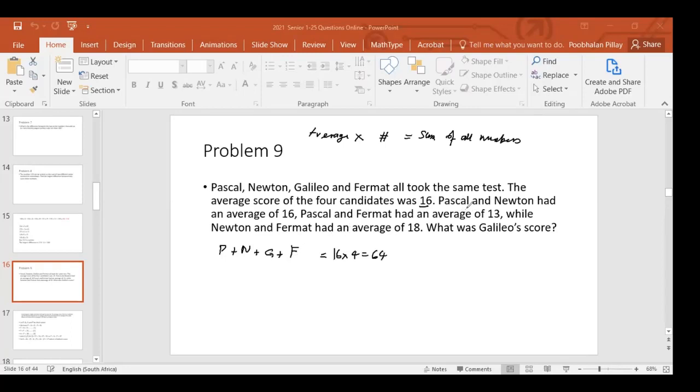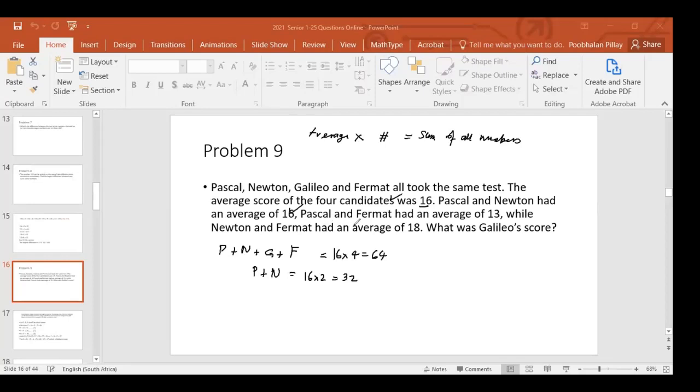This is the first equation you've got. The second equation is, Pascal and Newton had an average of 16. Now there are only 2 of them, so it will be 16 times 2, that will be 32. And so we've taken care of the second piece of information.